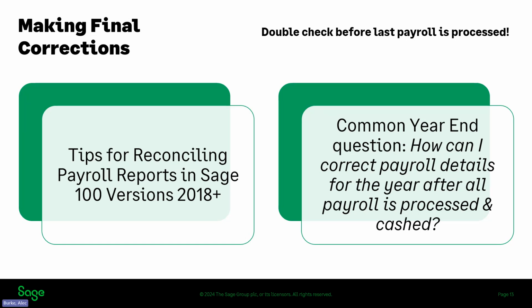Which kind of brings us to another very common year-end question, which is how do I make changes to payroll amounts for the year once all payroll is processed and paid out to employees? We really get some creative thinking and some creative questions at the end of the year.